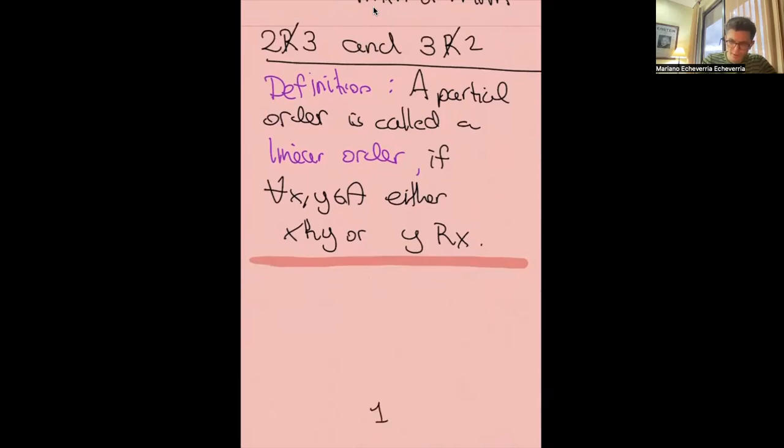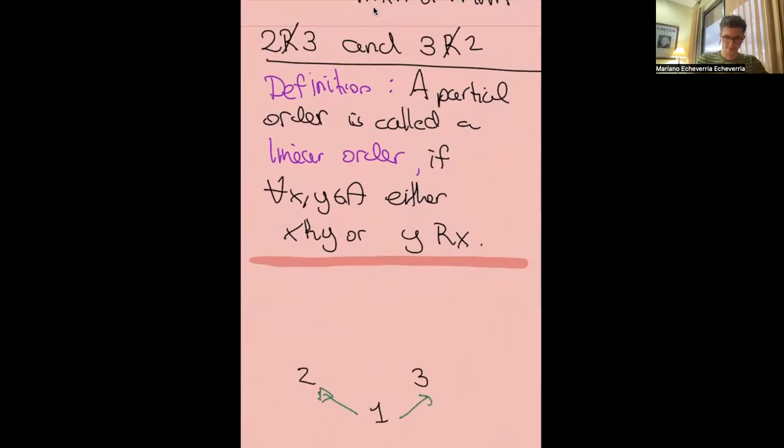So 1 divides 2, and 1 also divides 3. You can make an arrow from 1 to 2 and from 1 to 3 to make it clear that 1 divides both of them, right?